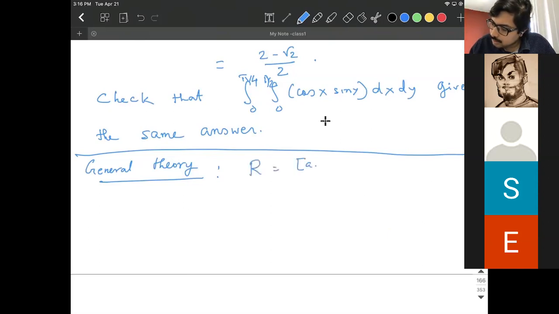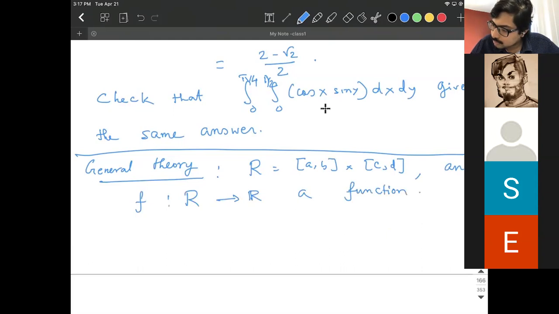So R is a rectangle, and F is a function, just a function F from R to R.